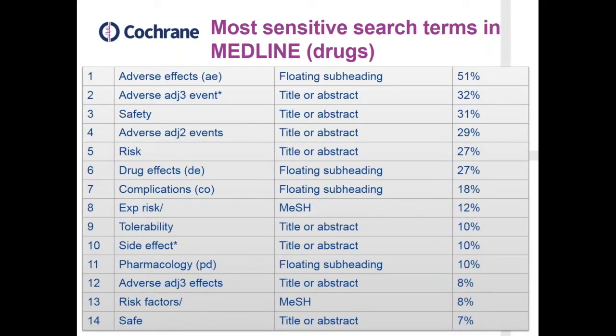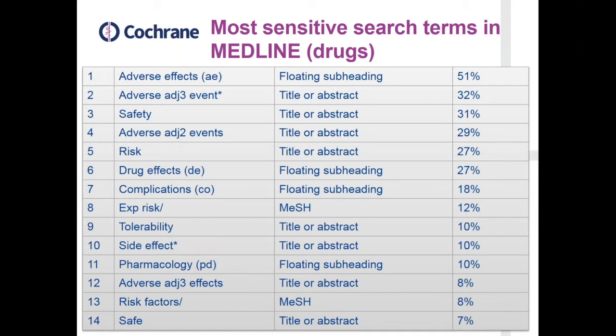So here we can see that adverse effects as a floating subheading retrieved 51% of the included studies in those 27 systematic reviews. Adverse events in the title and abstract, 32%, and safety, 31%. As you can see, no one term actually found 100% of records. This just shows that you've got to think of synonyms, you've got to think of different ways of searching.